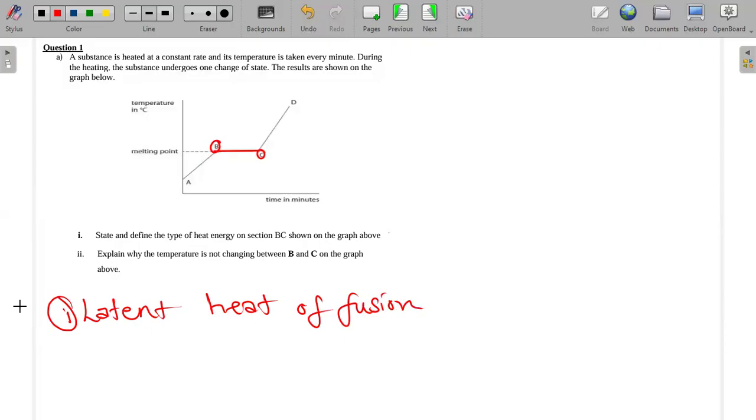The definition of latent heat of fusion, as I've already mentioned, is the heat that is required to change the substance from a solid to a liquid without a change in temperature.